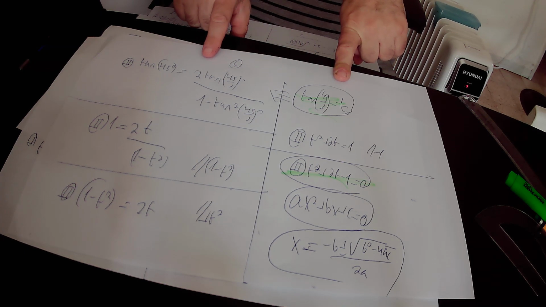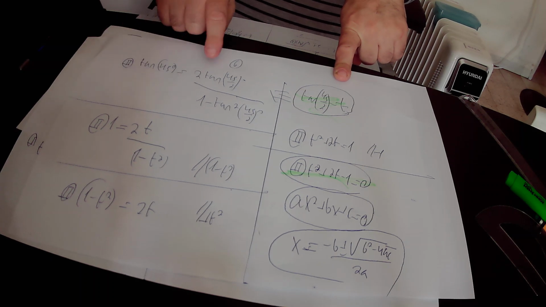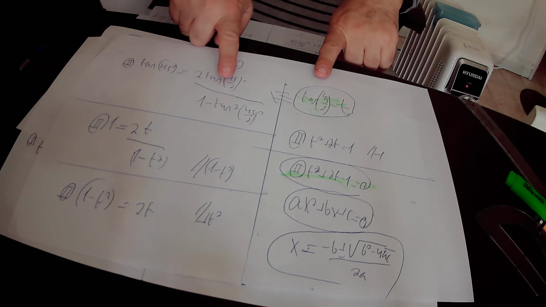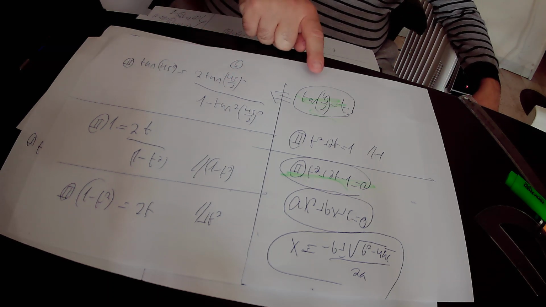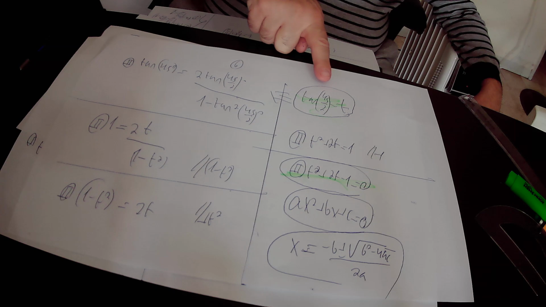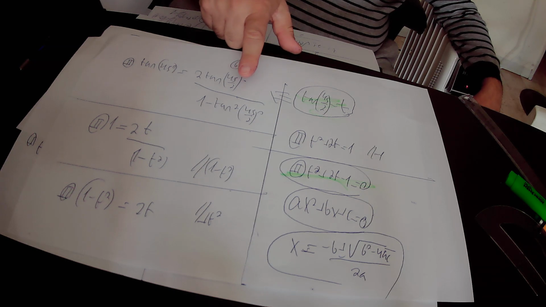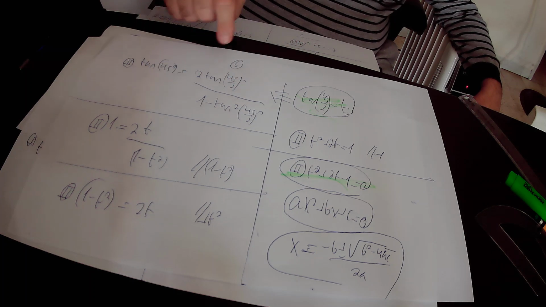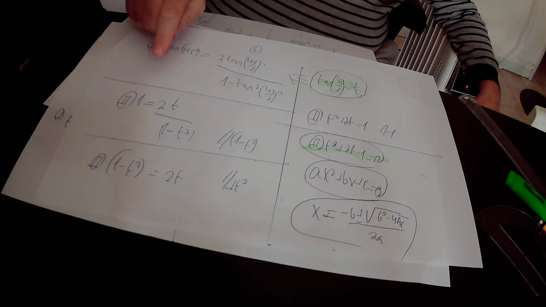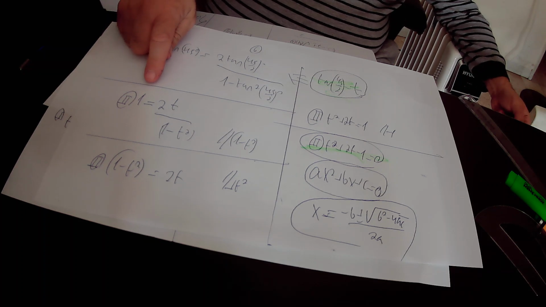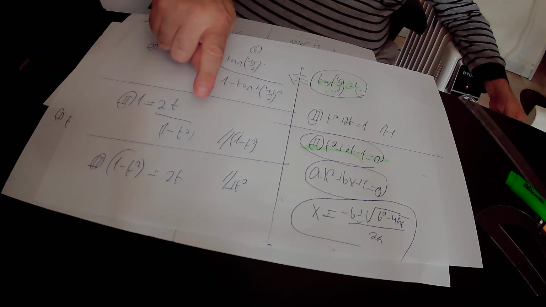So in the numerator, we will have 2t over 1 minus tangent square 45 over 2 degrees. If tangent 45 over 2 degrees equals t, it means that tangent square 45 over 2 degrees will be equal to t squared. So in the denominator we have 1 minus t squared. In conclusion, according to equation number 2, 1 equals 2t over 1 minus t squared.